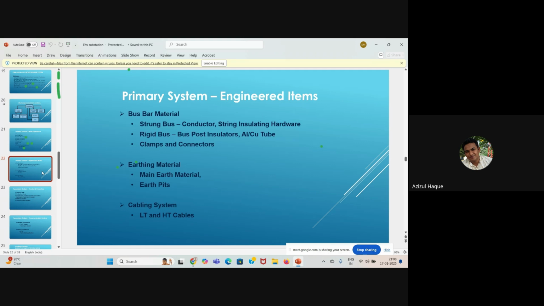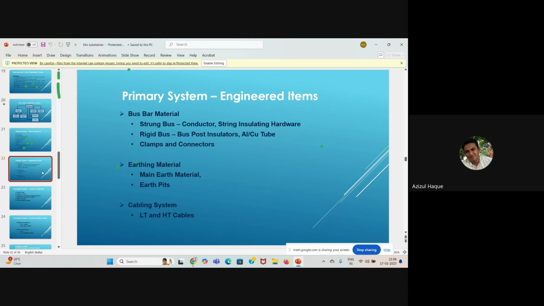The connector for connecting conductors to a surge arrestor is different from the connector for connecting to a CVT. Similarly, the connector of CT is different from CVT. Connector of CT is different from breaker. Connector of breaker is different from isolator.